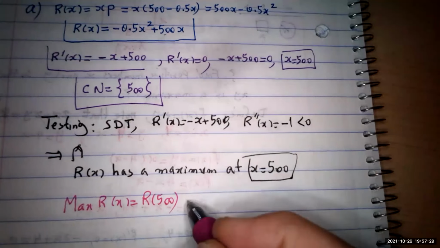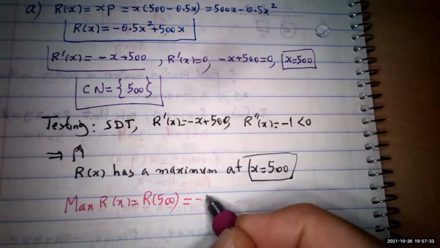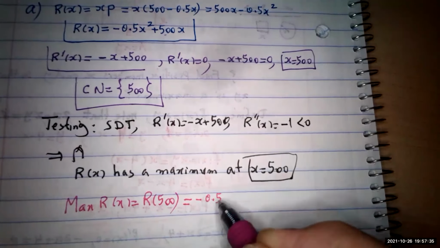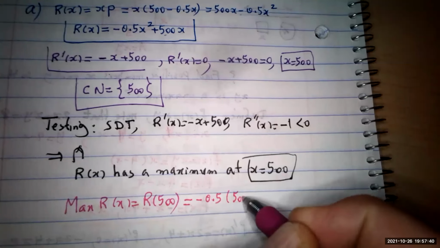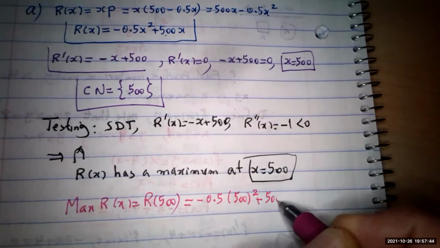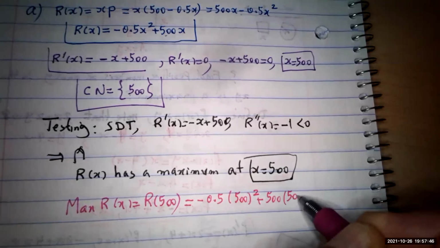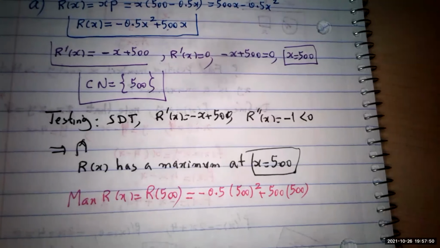So this is going to be equal to negative 0.5x squared, which is going to be 500 squared, plus 500x, going to be 500 times 500. Okay, you just plug in to get this number.